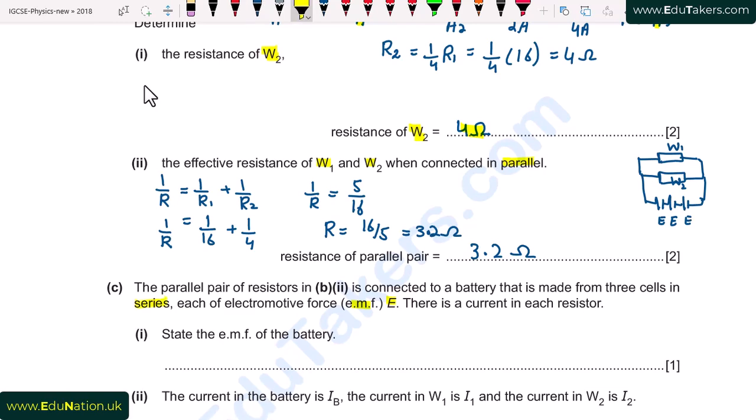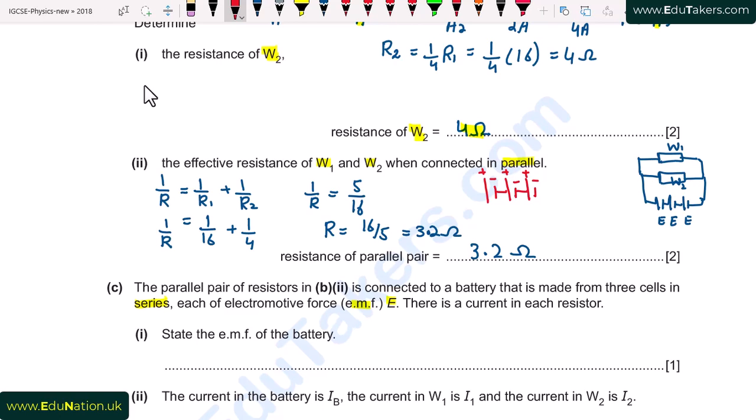When the batteries are connected in series, it will be just like this: positive, negative, positive, negative, positive, negative. It means that the positive end of one cell is attached to the negative end of the other, so there is opposite polarity.